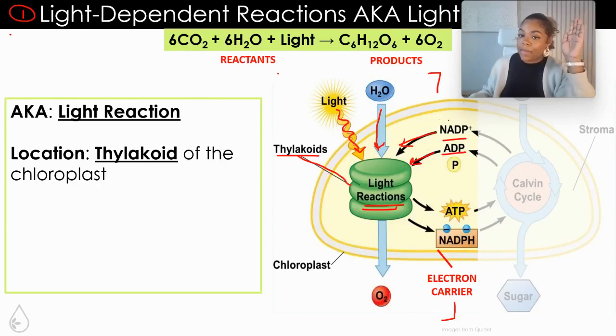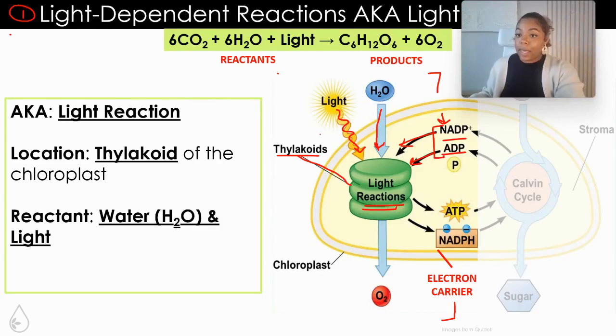Now, I'm going to save these two right here for a little later time to reference, but right now we're going to focus on the two main reactants, which is light and water. And again, I know they are reactants because they are pointing towards the process to show that it is being taken in. So in this big equation, if you're trying to wonder how this connects to this diagram, water and light are two out of the three reactants in the equation of photosynthesis.